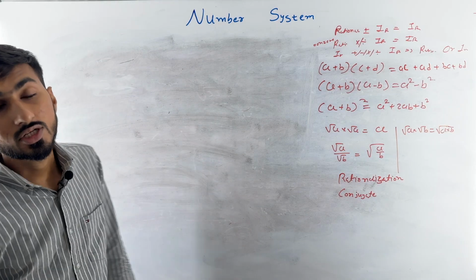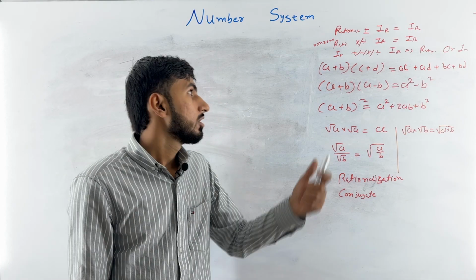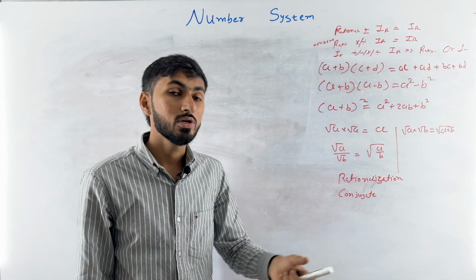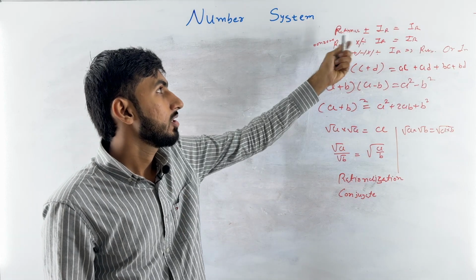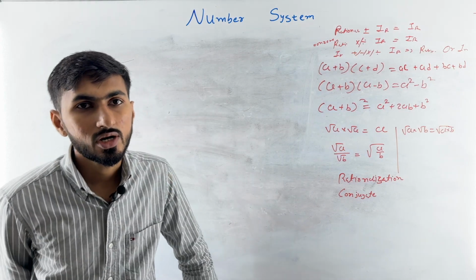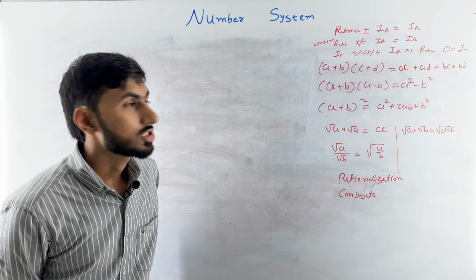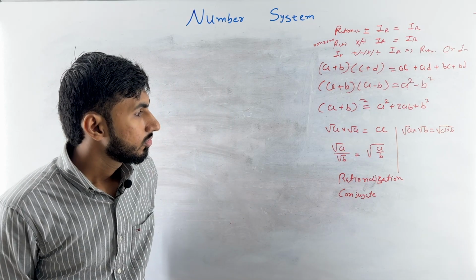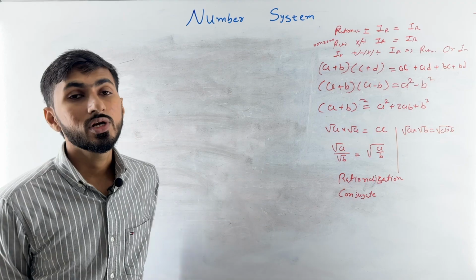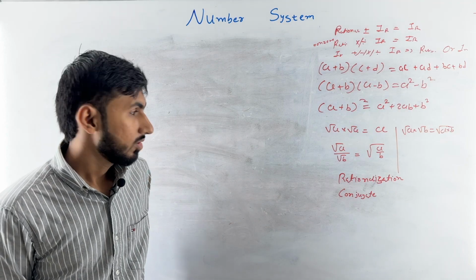So in this lecture we have learned some identities, operations on decimal numbers and rational numbers, what will be the result if I add or multiply or divide or subtract between rational and irrational numbers. We have also learned how to mention this type of number on number line.